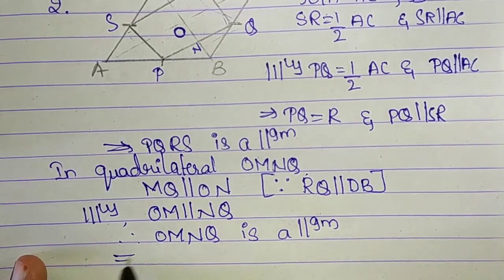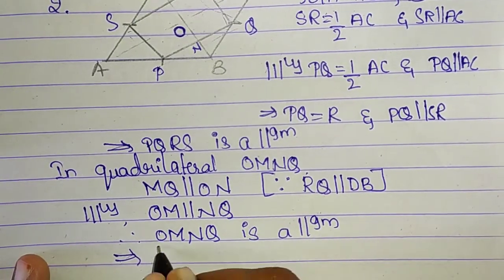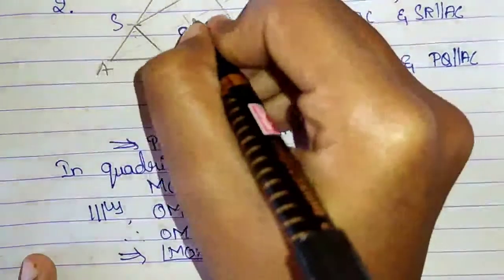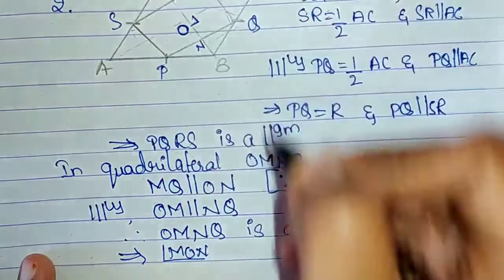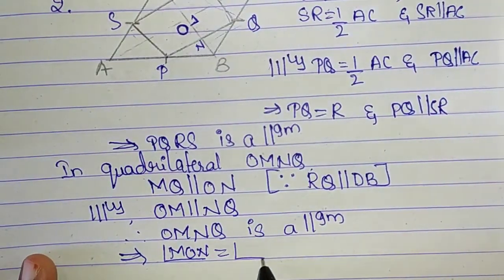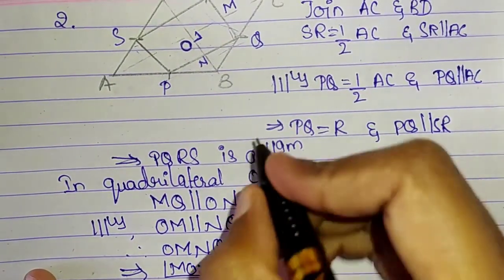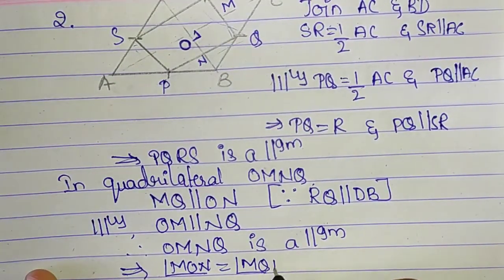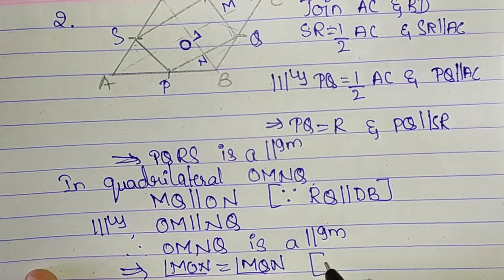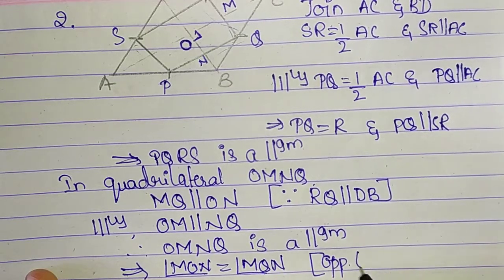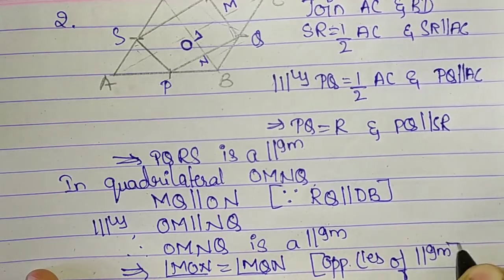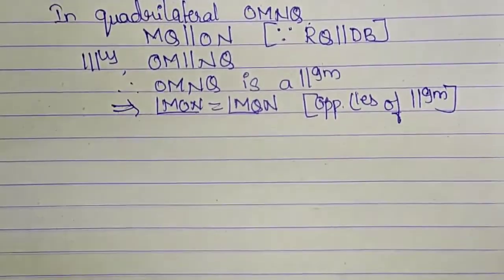So this implies angle MON is equal to angle MQN, because they are opposite angles of a parallelogram.